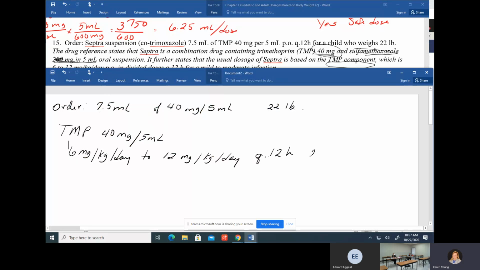So every 12 hours is 2 times a day, right? Or I should say 2 doses. So the 6 milligrams is my minimum. The 12 milligrams is my maximum.